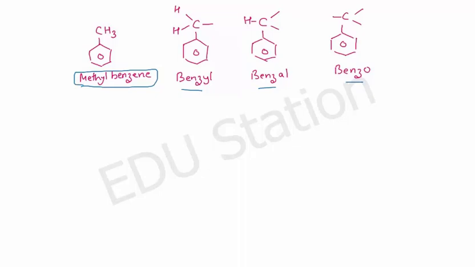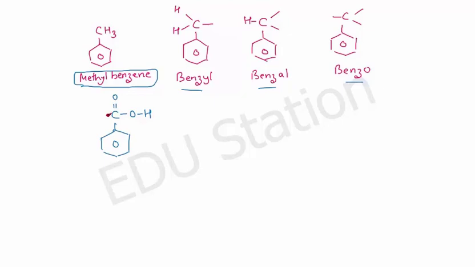Say COOH is acid. This is the structure of carboxylic acid. In this case, if you observe the benzylic carbon, there is no hydrogen attached directly to this carbon.